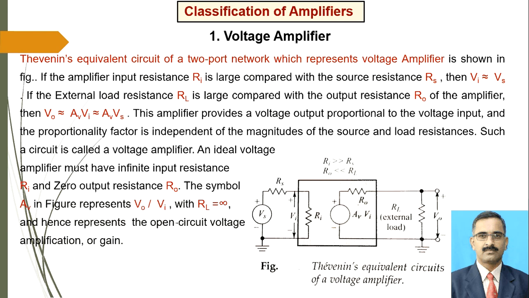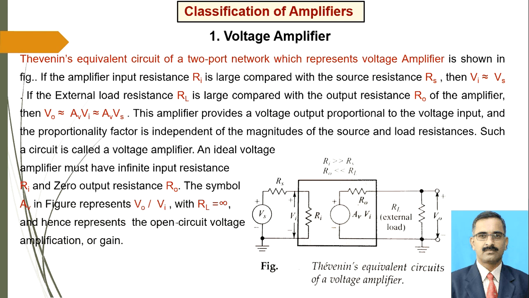At the output side we apply the external load RL, across which we get the output Vo. At the output side of the amplifier, the internal output resistance is Ro, and the voltage source at the output is nothing but Av into Vi, where Av is the voltage gain of the circuit.